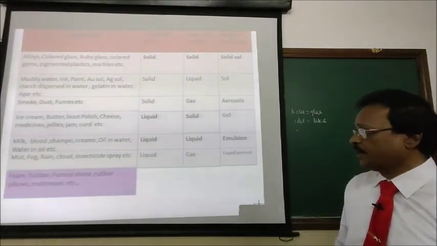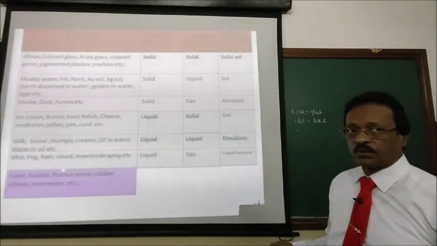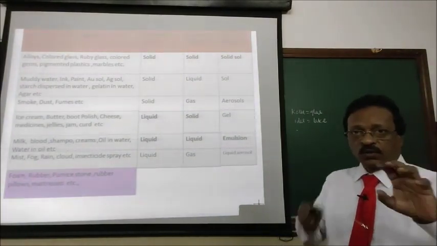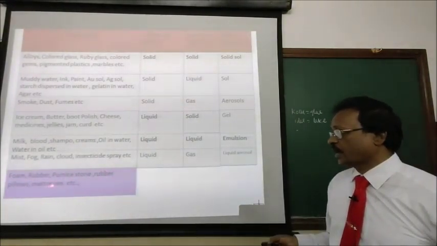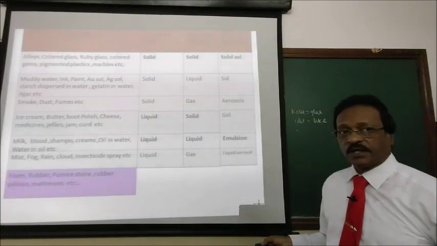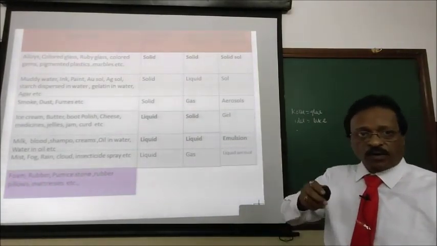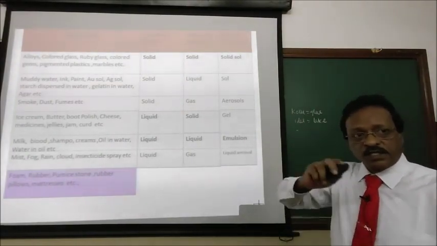Next example we take is foam rubber, pumice stone, with some gas inclusions. You can see beautiful naturally occurring stone with gas inclusions. Also rubber pillows and mattresses. What is the dispersed phase here? Gas is the dispersed phase. You take a foam rubber, it compresses, so the gas is dispersed in the solid.